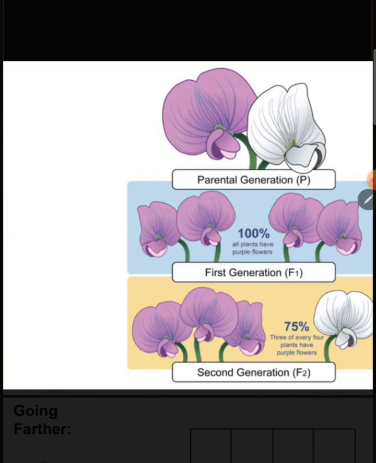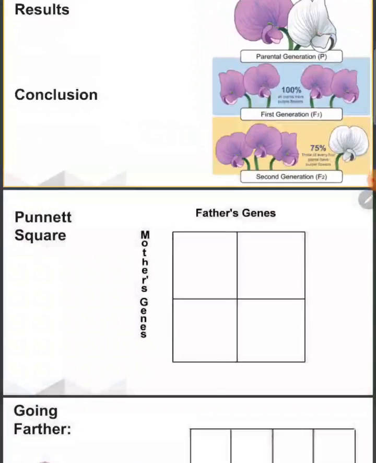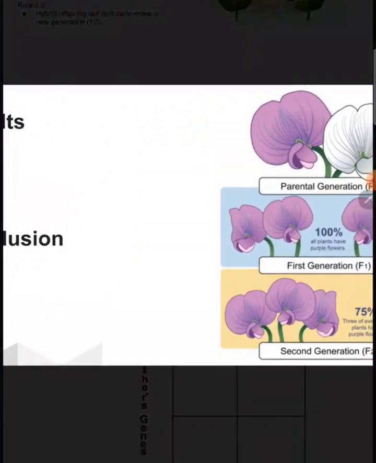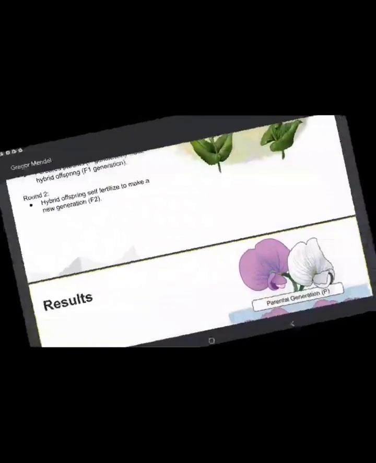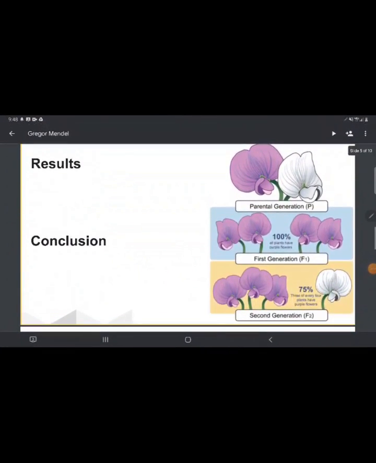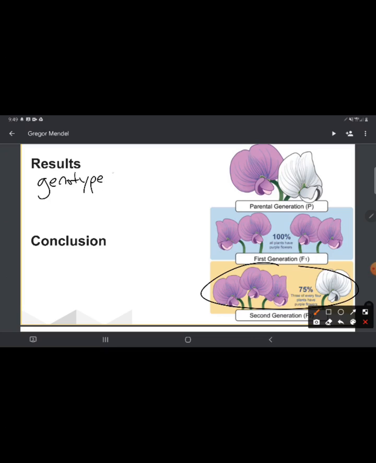And so he discovered 2 things. He discovered results in the F2 that genotype ratios were 1 to 2 to 1.